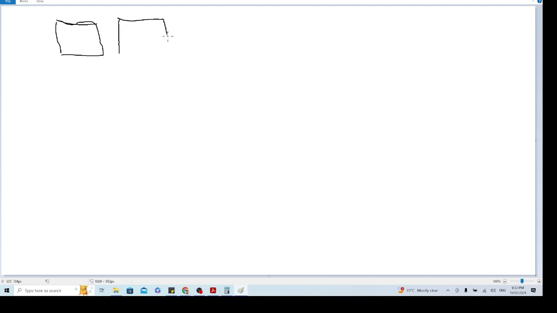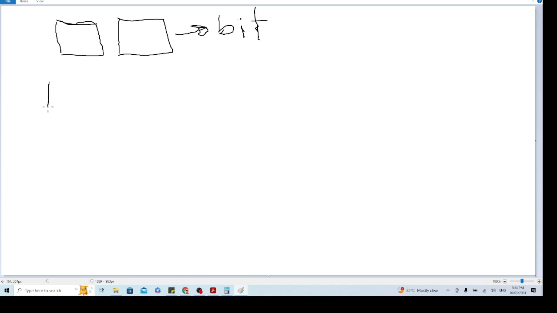In computer engineering, these two boxes can be called bits. One bit here, one bit here.